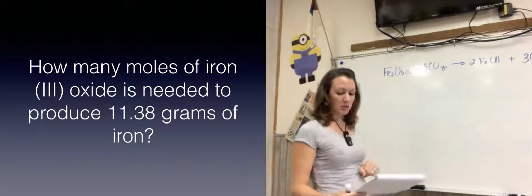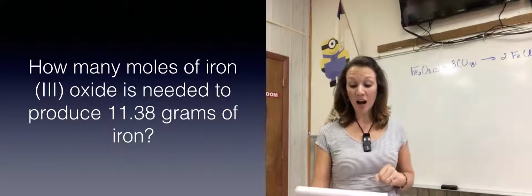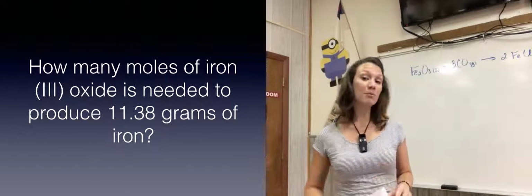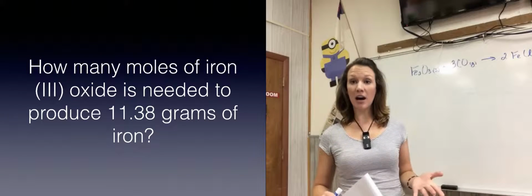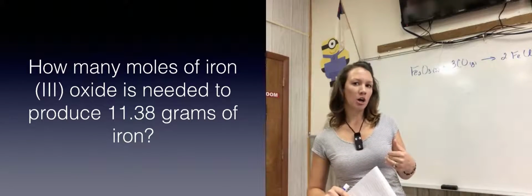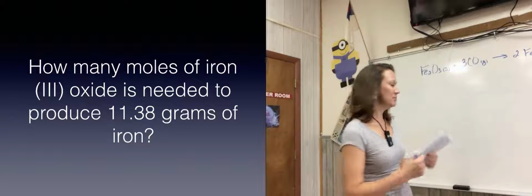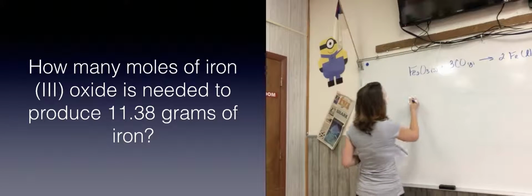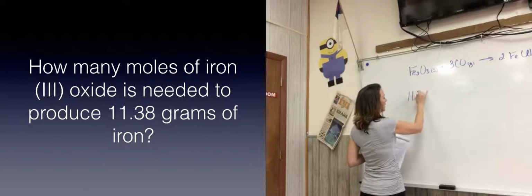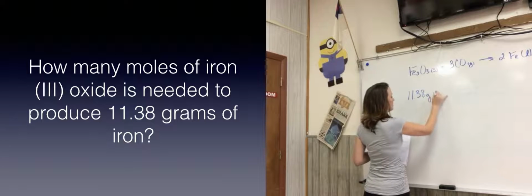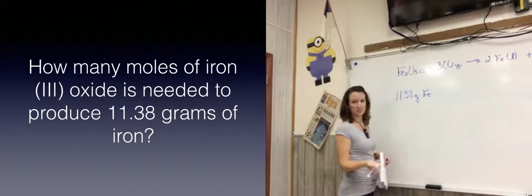So what if I ask you to calculate how many moles of iron(III) oxide are needed to produce 11.38 grams of iron? Well, again, as always, let's pull out our important information. Your starting point is going to be the 11.38 grams of iron.